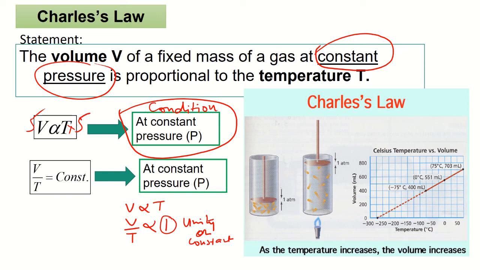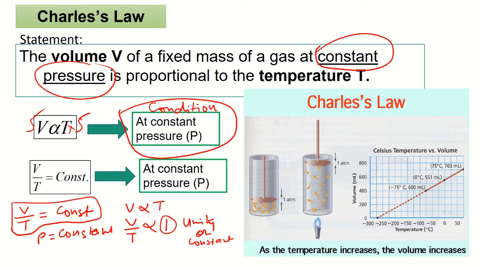So if you take the volume value and the temperature value, whatever number comes will never change for the gas, but this should be true when the pressure of the gas is constant. So this ratio is always constant when the pressure of the gas is constant.